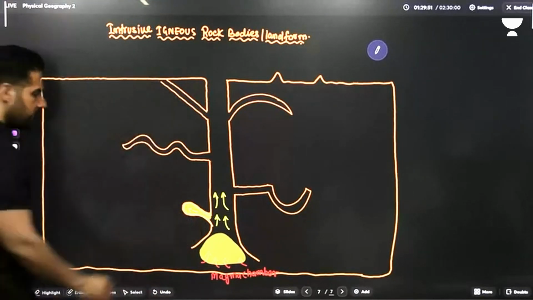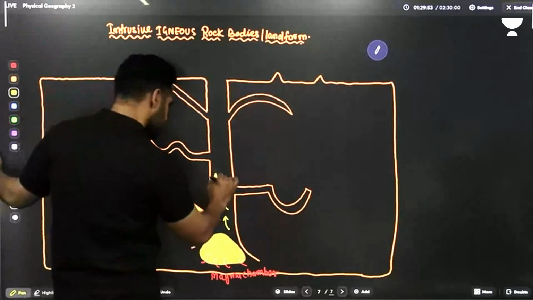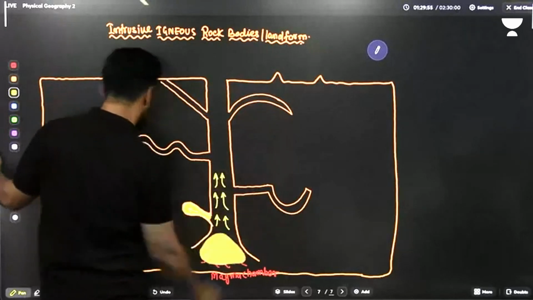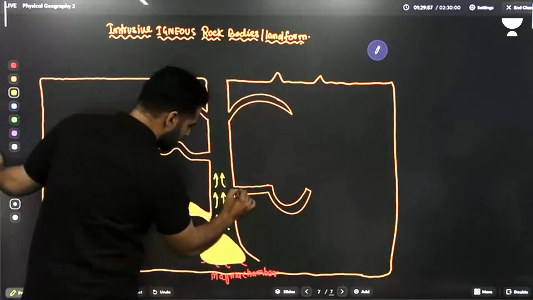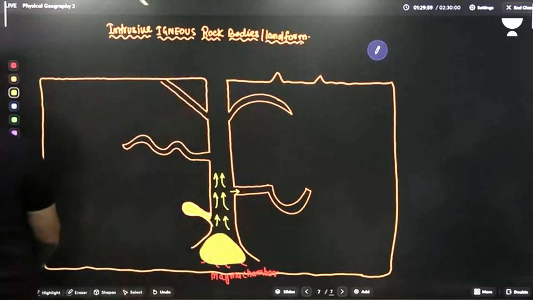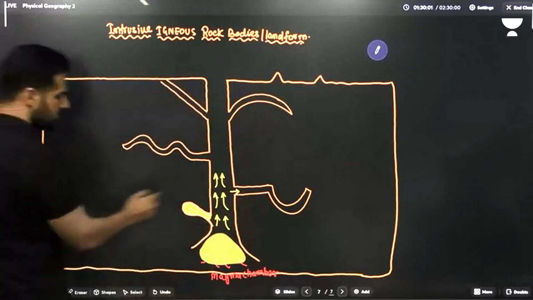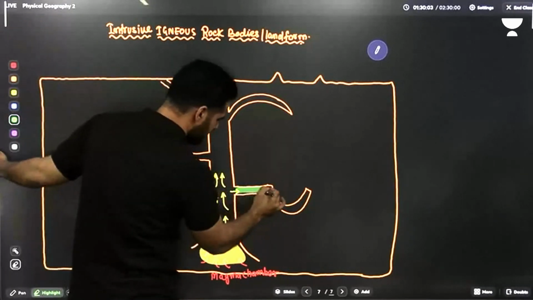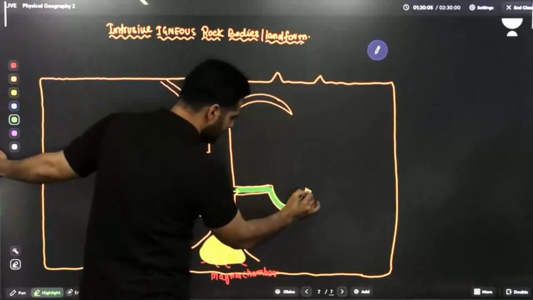Is it clear? Further, this magma can travel. If it get a weak zone, a crack or a joint here, can I say it will enter there? As it enter there, it travels and finally get solidified here.